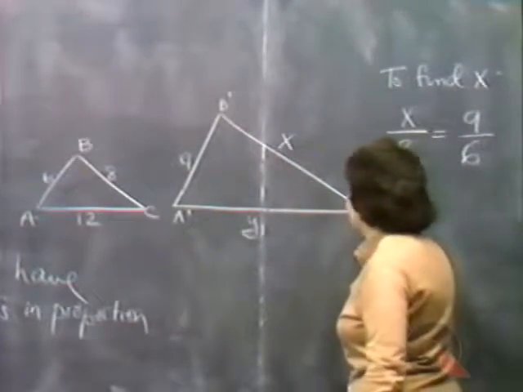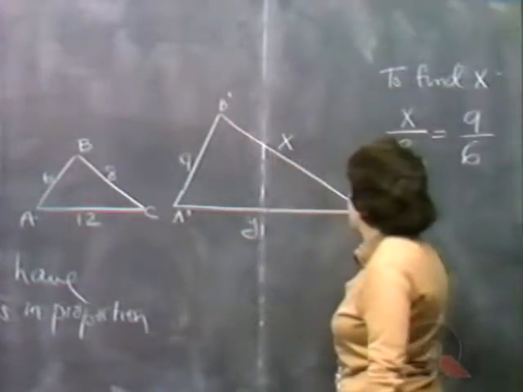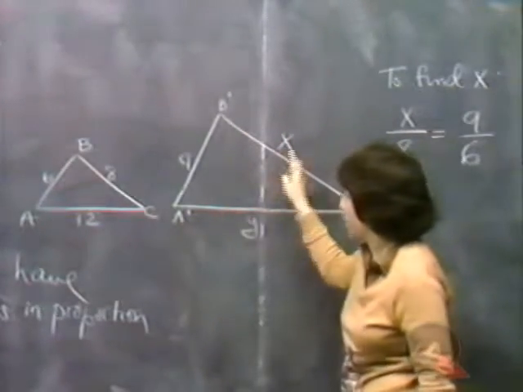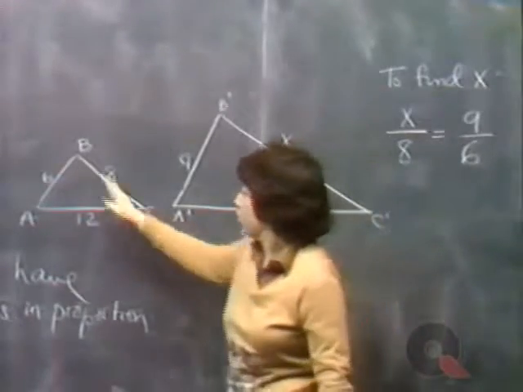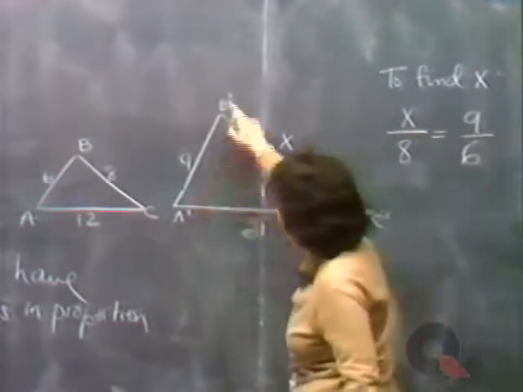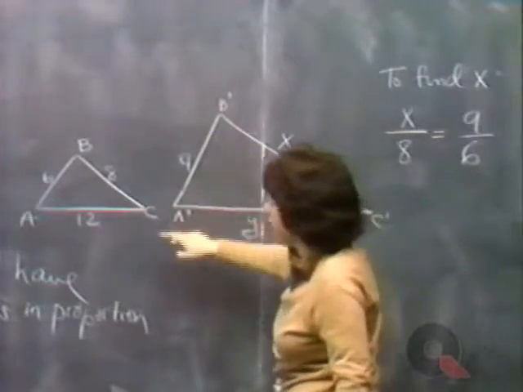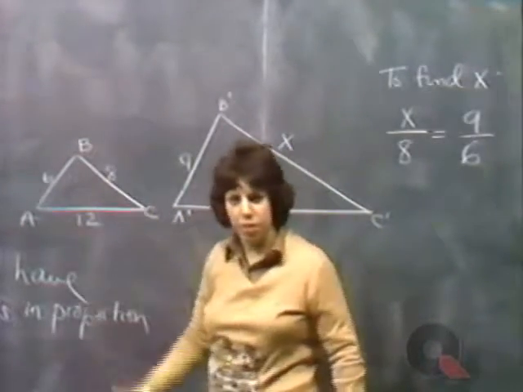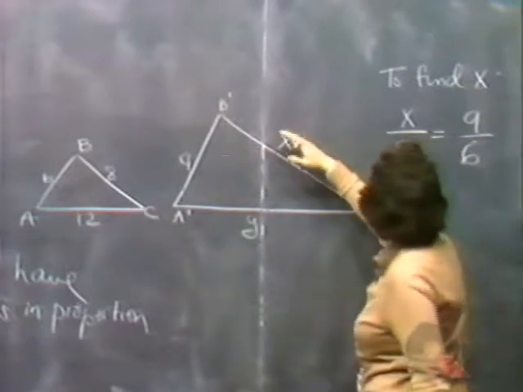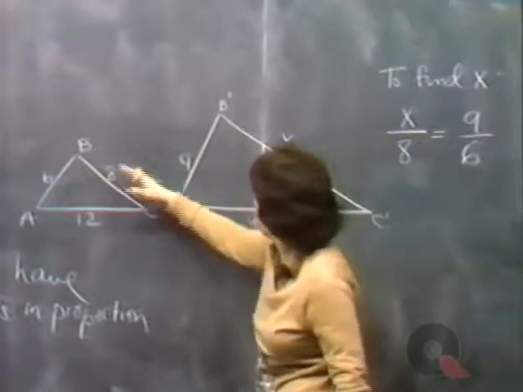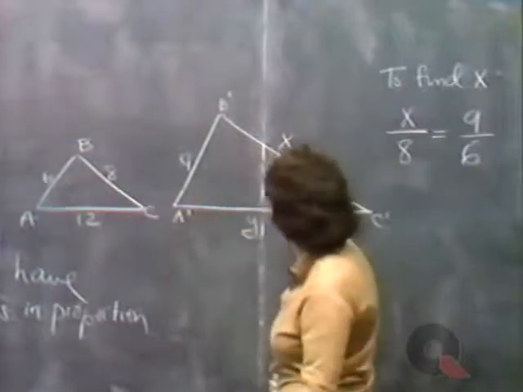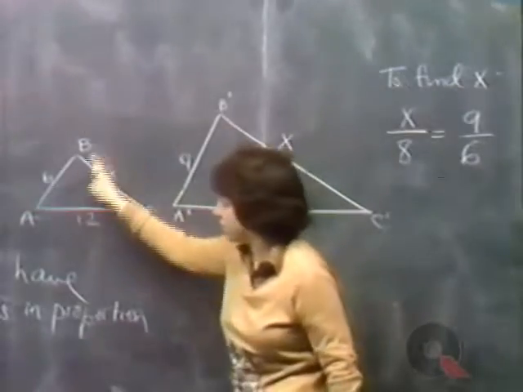X, that is B prime, C prime, the side opposite angle A prime here, is to 8, which is BC, as 9, which is A prime, B prime, is to 6, AB. We are setting up the proportions. X is to 8, this side here is to this side here. X is to 8 as 9 is to 6.